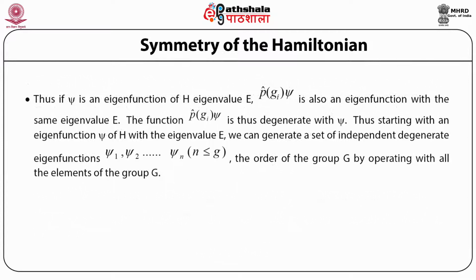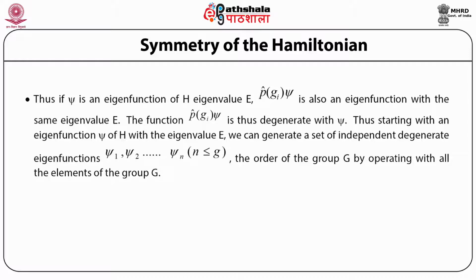Thus, if psi is an eigenfunction of H with an eigenvalue E, P hat g_i acting on psi gives another eigenfunction with the same eigenvalue E. The eigenfunction P hat g_i psi is thus degenerate with the original wave function psi.